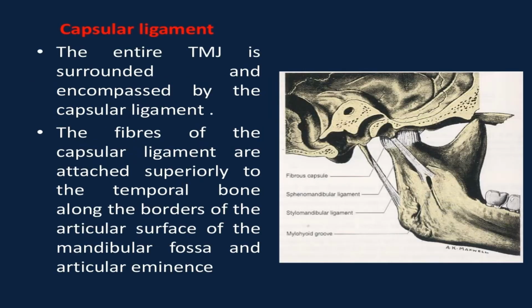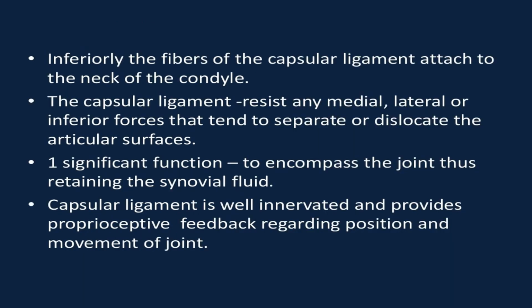Capsular ligament. The entire TMJ is surrounded and encompassed by the capsular ligament. The fibers of the capsular ligament are attached superiorly to the temporal bone along the borders of the articular surface of the mandibular fossa and articular eminence. Inferiorly, the fibers of the capsular ligament attach to the neck of the condyle.